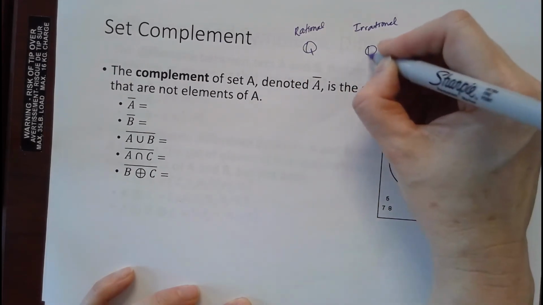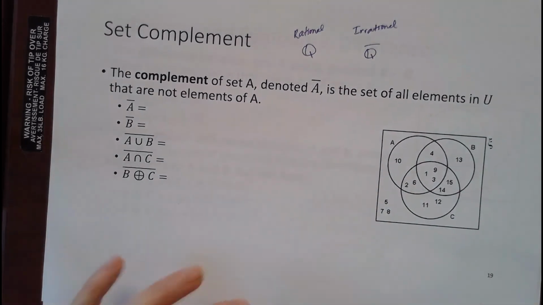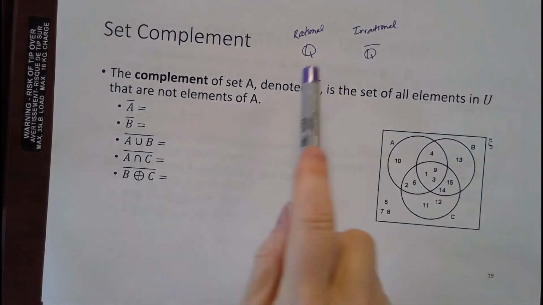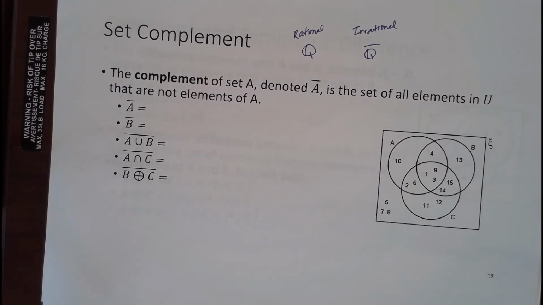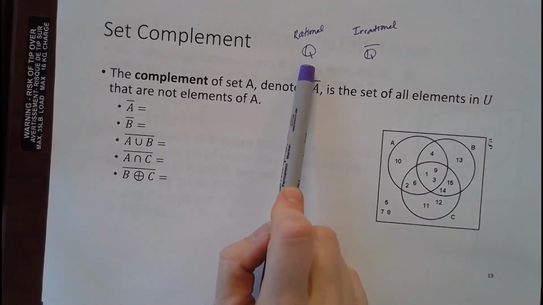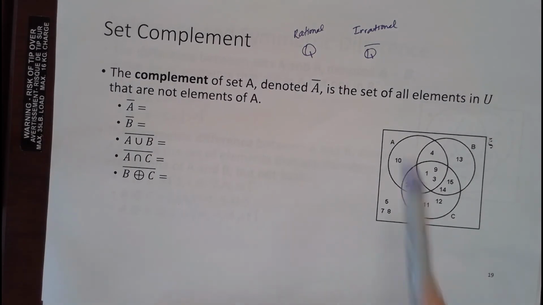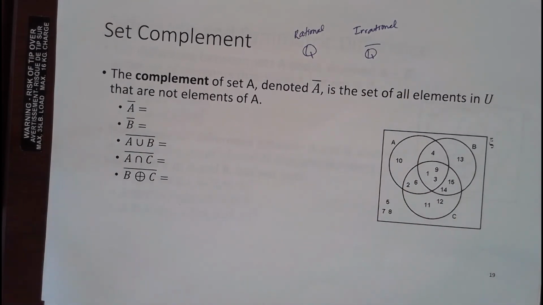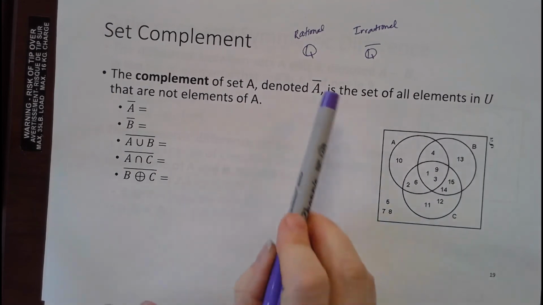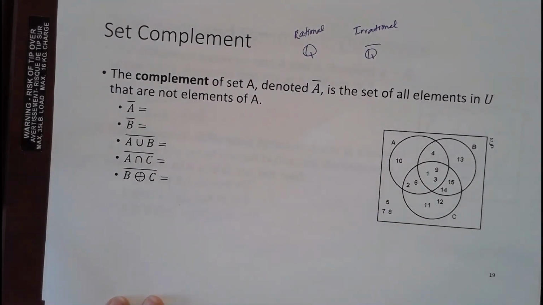Well, we just put a bar over top of it. If you think about what that means, we have a universe of real numbers. We've got this set rational, and everything that's not in that set in our universe is in this one. So we've already sort of thought about that concept. So that's the set complement.